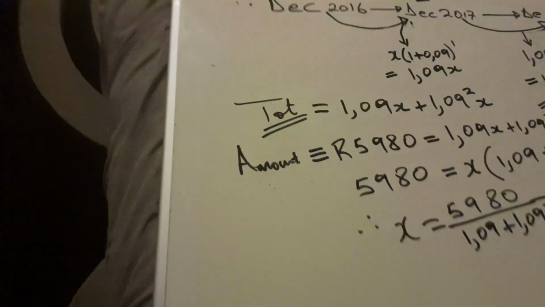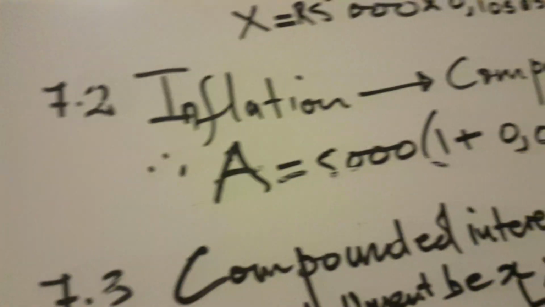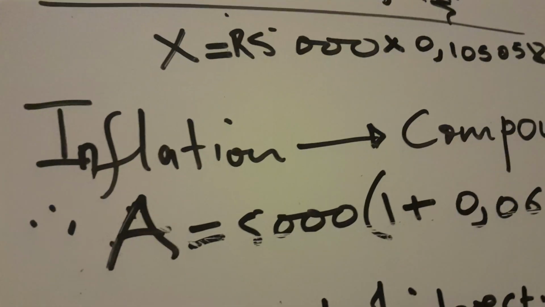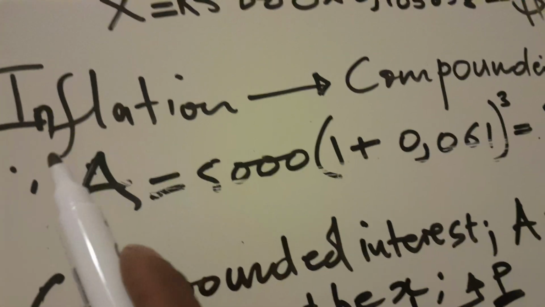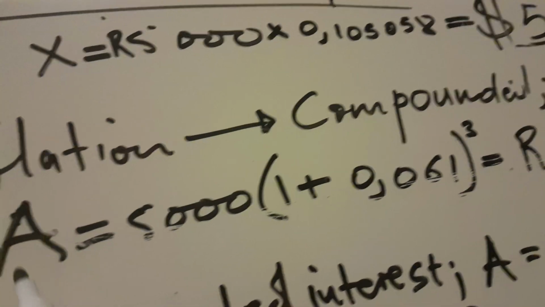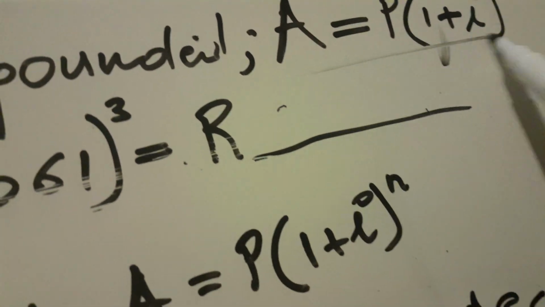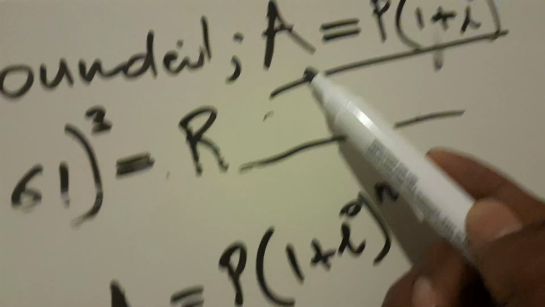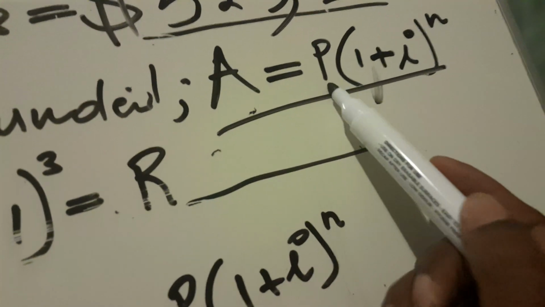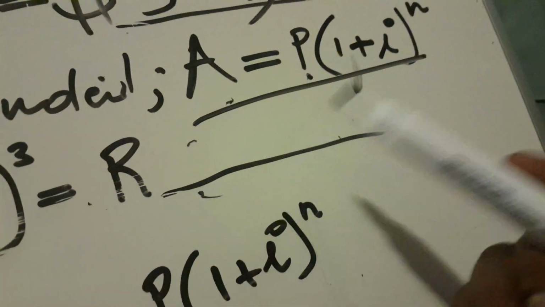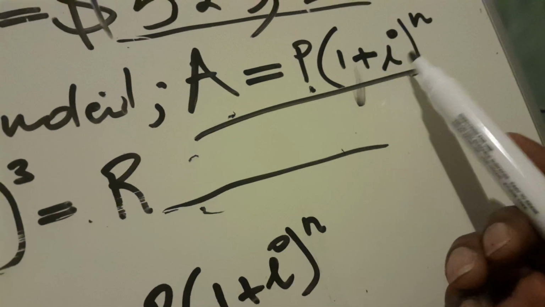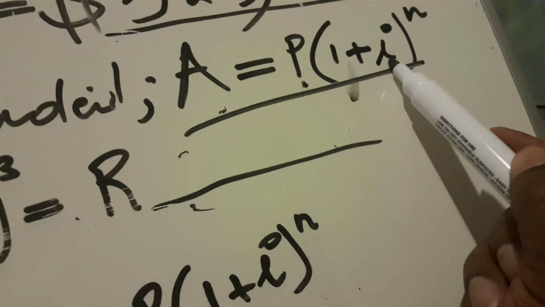Now, inflation here we calculate in terms of the compound formula. The amount after that inflation is going to be what you started with previously times 1 plus the interest rate as a decimal to the power n.